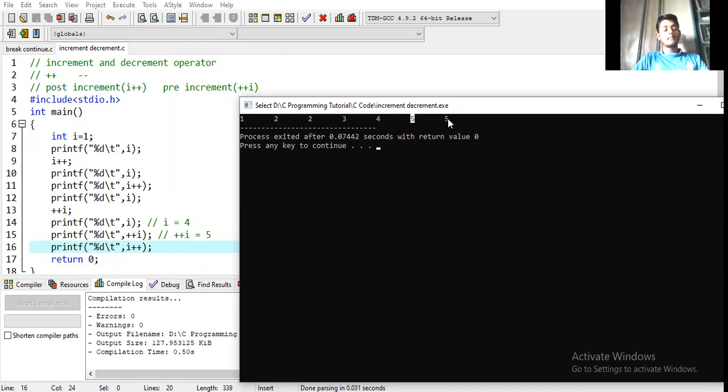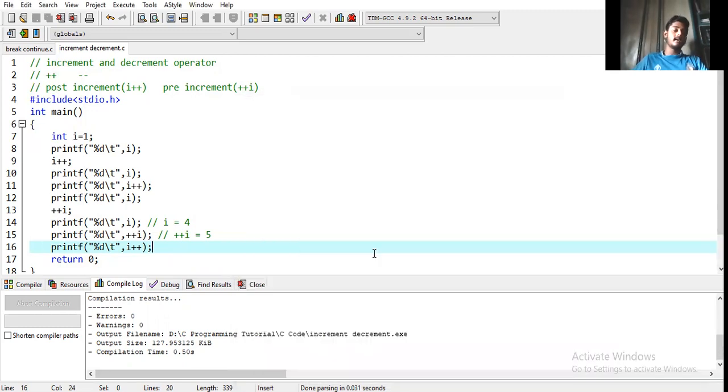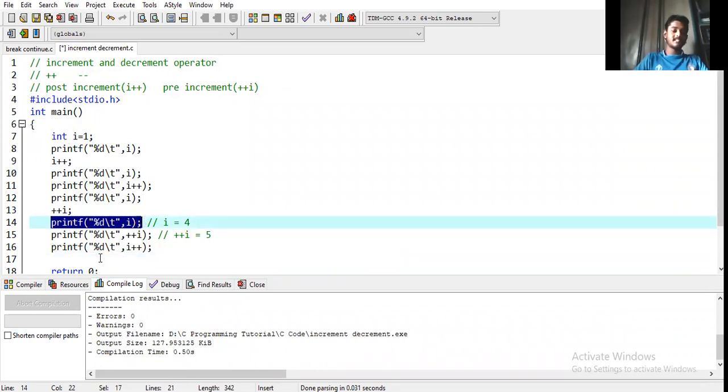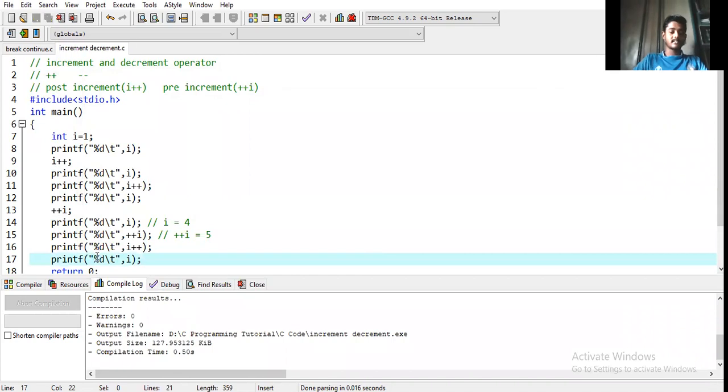In the post-increment operator, first the variable will be used, that's why 5 is printed here, and then it will be incremented by 1. That means now I is 6. So you can see I is now 6.